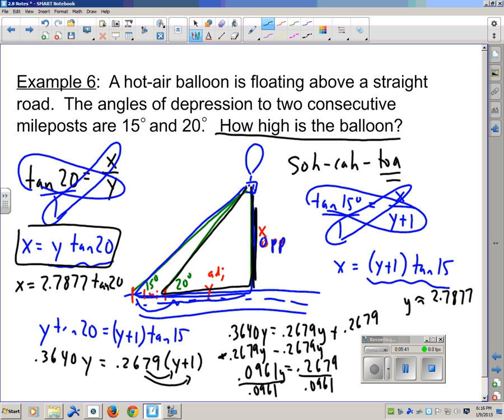And I end up getting x is about 1.01 miles. So how high is this balloon? 1.01 miles.